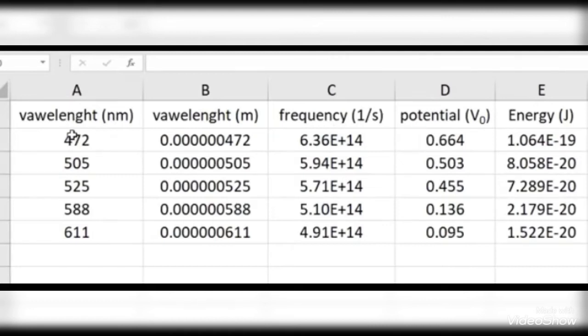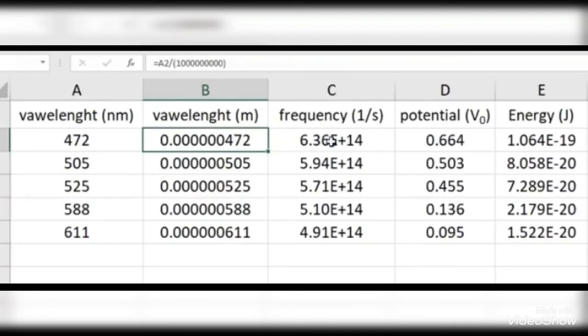So first of all, let's start with the frequency calculation. To calculate the frequency from wavelength, first we need to convert the wavelength values that are in nanometers to wavelength values in meters. As you see here, we divide each value by 10 to the power of 9 to get the wavelength values in meters.